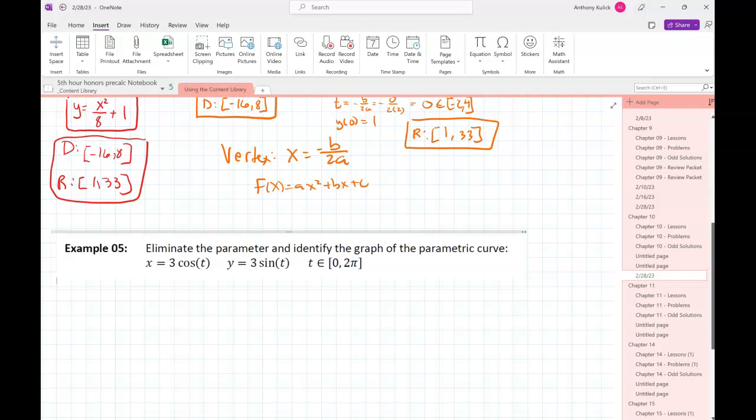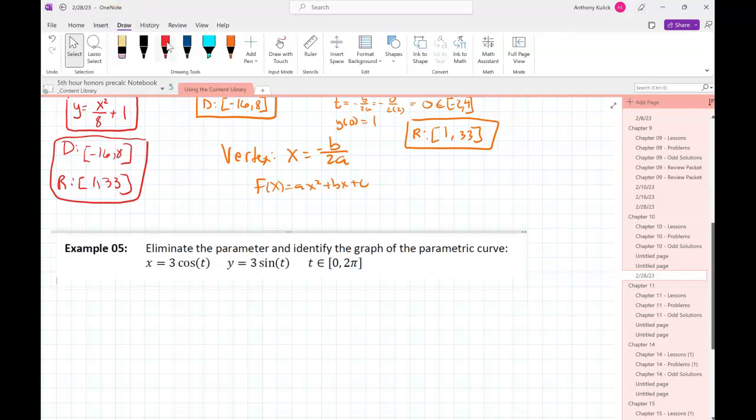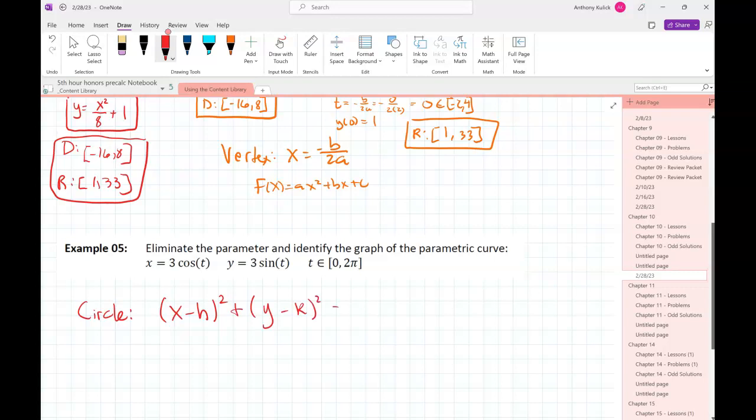There is. What shape is this graph going to be? It's going to be another circle. Who remembers the equation for a circle from geometry? (x minus h) squared plus (y minus k) squared is equal to r squared, where (h, k) is the center and r is the radius.